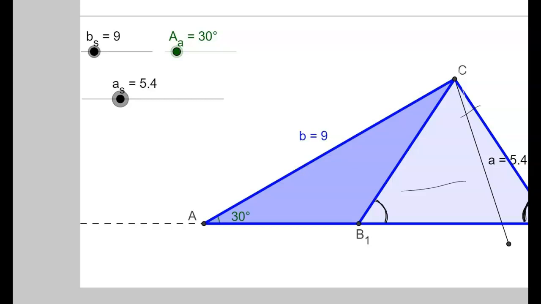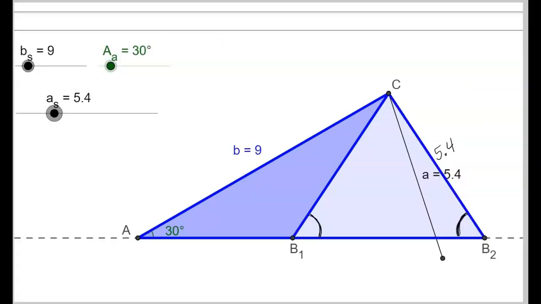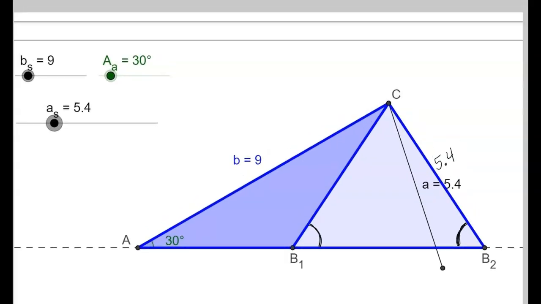Well, you don't know that the bottom side is the same, but you do know that this side is 5.4. That was side length A. And then we swung side length A inward and got this side length, which is still 5.4. So these side lengths are the same. And we learned in geometry that when you have two congruent sides, the angles across from those side lengths are congruent.